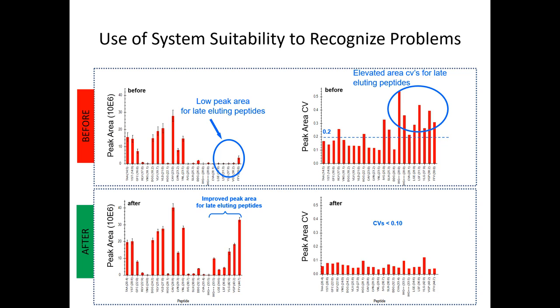And we saw decent variability for all these peaks. But based on looking at this data set and then the other sites that were bringing their data in, we saw, wow, the peak areas for these are really, really low. That's unusual. Okay, well, let's look at the percent CV. Wow, if this is the 20% point, all of those later eluters that aren't really being well detected have a really high variability, and that's not good either.